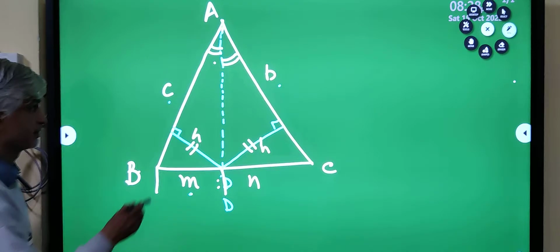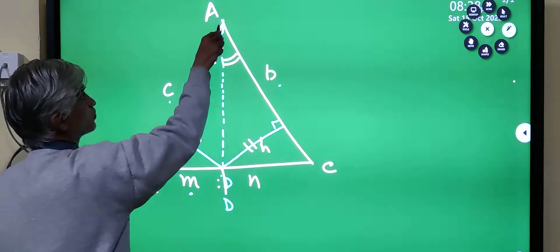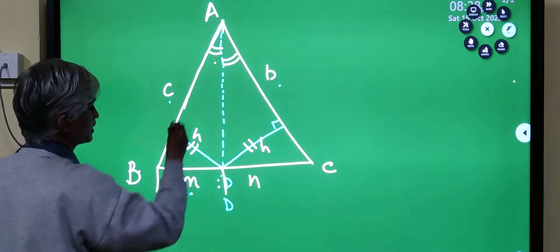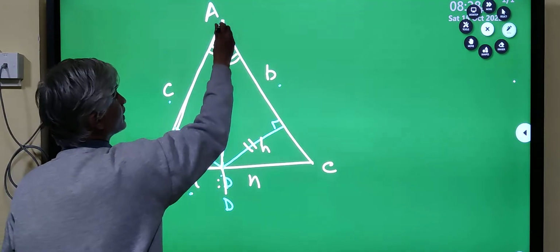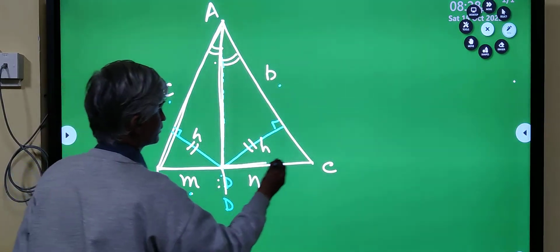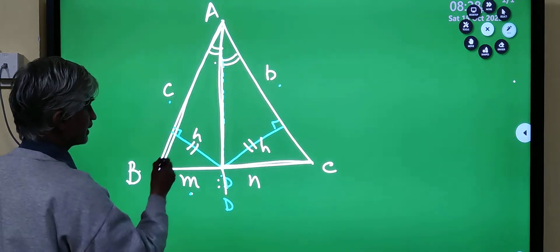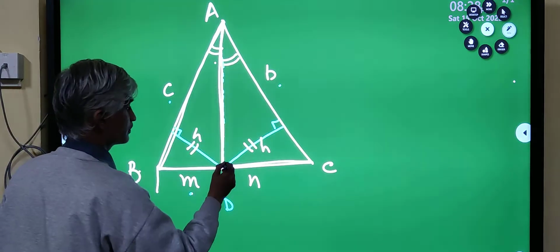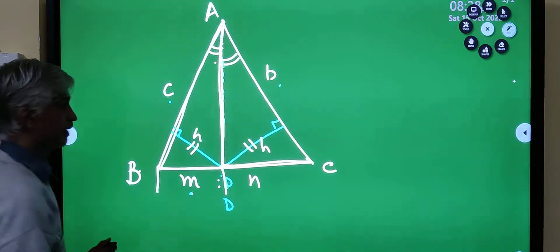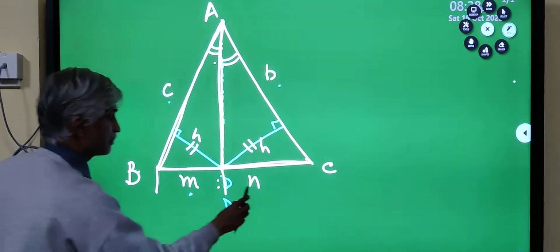We're almost done. All we need to do is, what is the ratio of this triangle to the ratio of this triangle? So the ratio of the area of this triangle to the area of this triangle by the method of areas is equal to m by n.